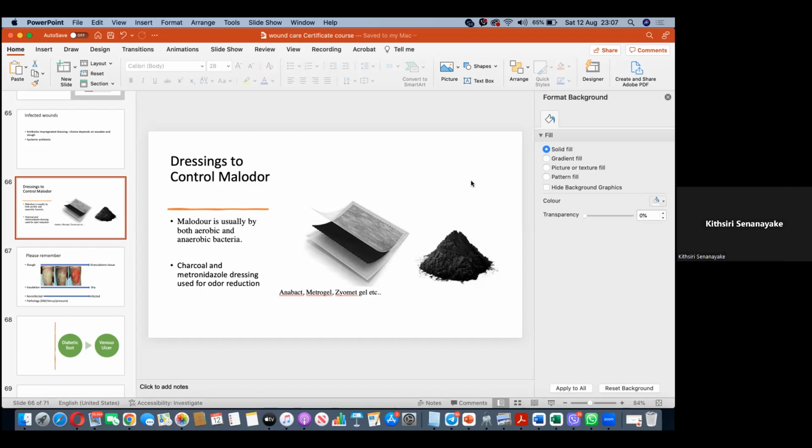So why do you put a saline dressing? Which kind of wound do we need to put a saline dressing on? We are not going to put a normal saline dressing on a highly exudating wound, or on a highly sloughy wound. The one indication for a saline dressing is a dry sloughy wound.